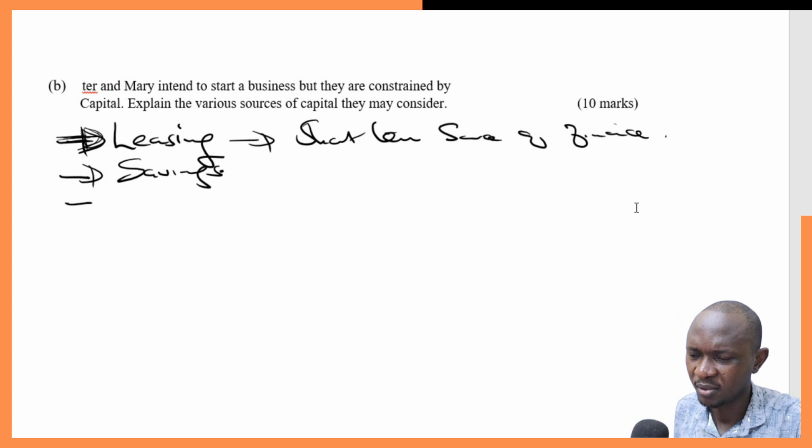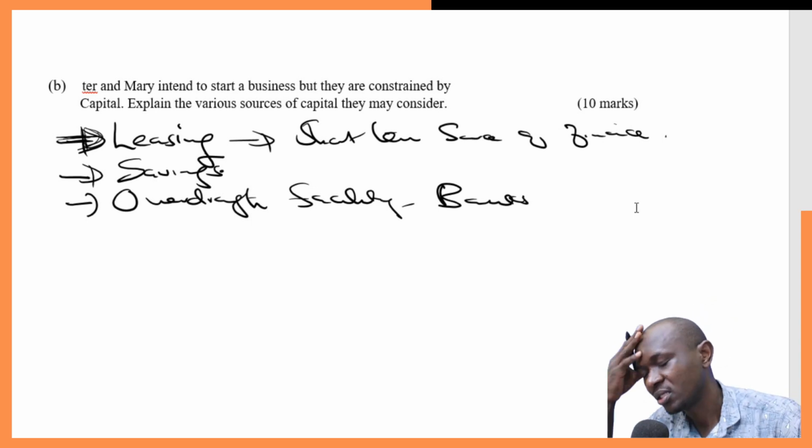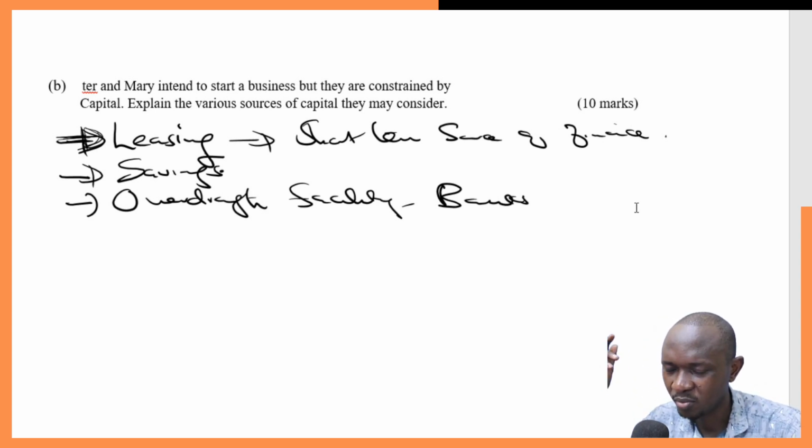They can go for savings. They can go for overdraft facilities. Overdraft facility, this is from the banks. And this will apply if they have security. So if they have security, they can always go to the bank and trade in with the security. Give them the security, they get the cash, which will allow them to do the business.